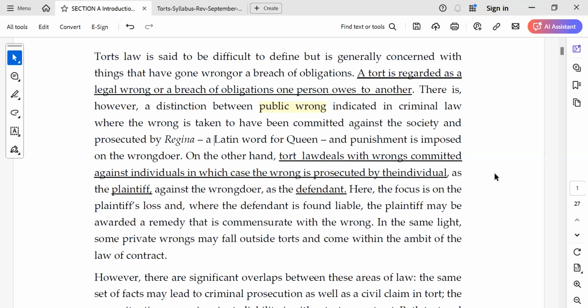Whatever is not covered and not specifically categorized as a crime is left out and filtered out as not a criminal offense, and out of those we have to pick whether it is under tort, or if it is already covered in a contract, then we will go under contract law. So we can go under contract also.